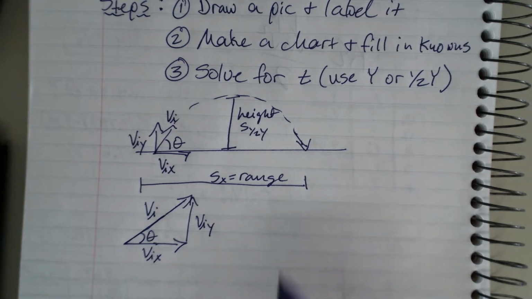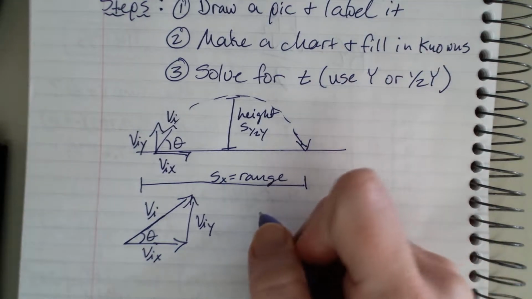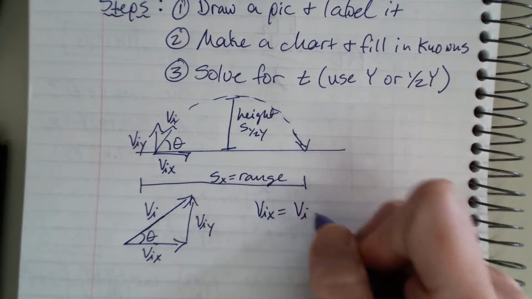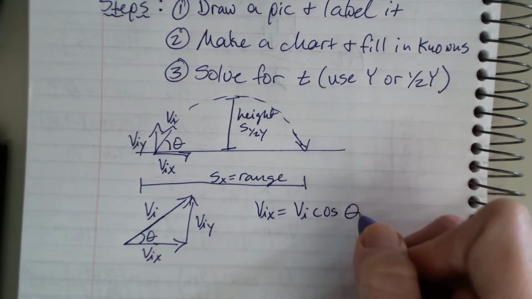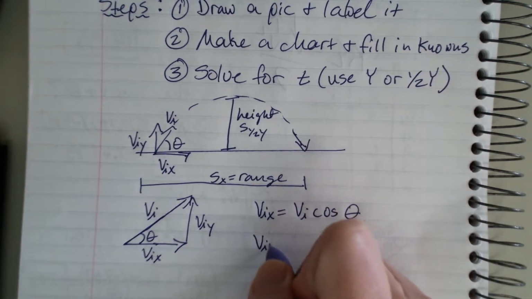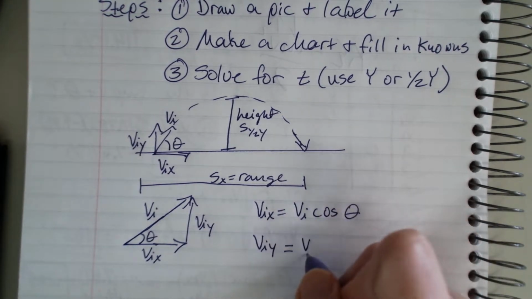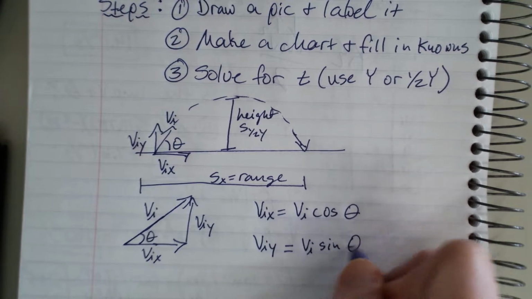So once you've labeled your picture, just so you know, there's 2 equations and you are expected to memorize them. They're not on your formula sheet. Your VIX is equal to VI cosine theta. Your VIY is equal to VI sine theta.